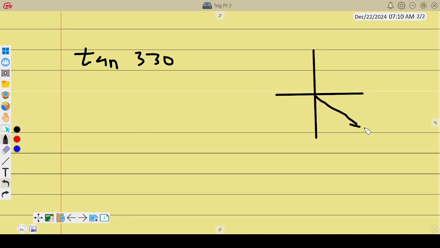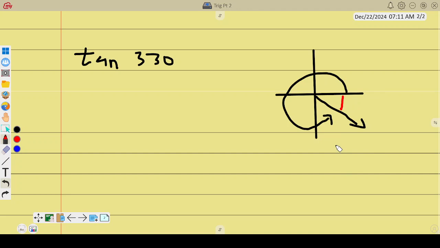It's here, because this is 270 and somewhere here is where I'll find 330. So our helping angle is this portion which is between the x-axis and the resultant. So this is the helping angle.